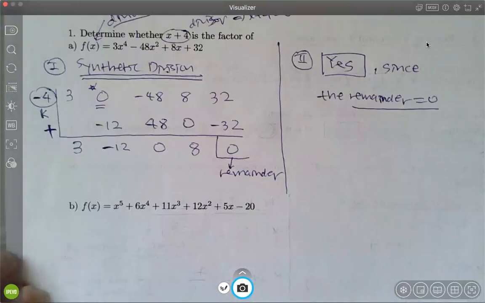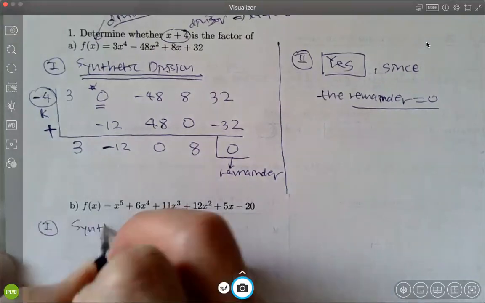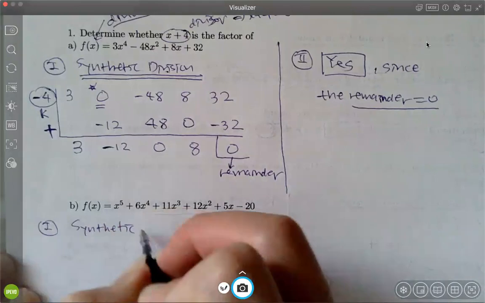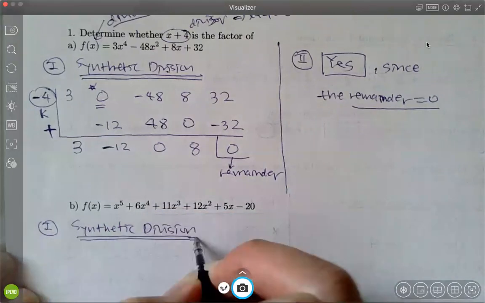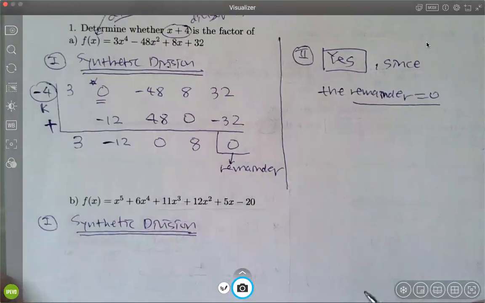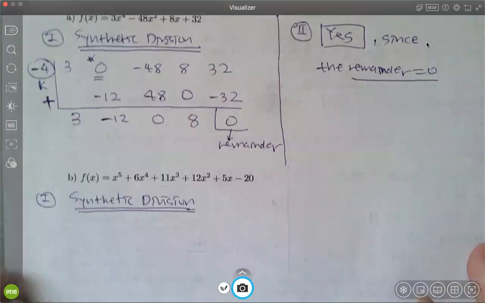So step number 1, same as before, synthetic division. So f of x is the dividend, same as before. So we take the coefficients.